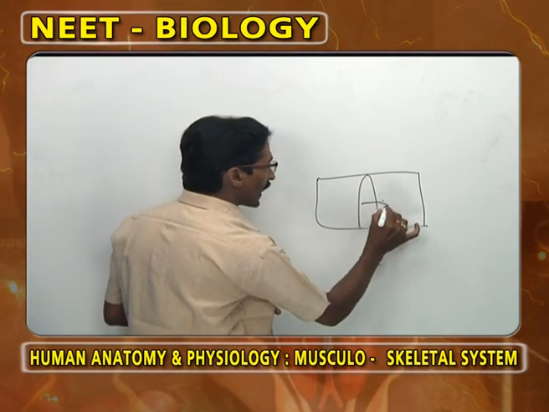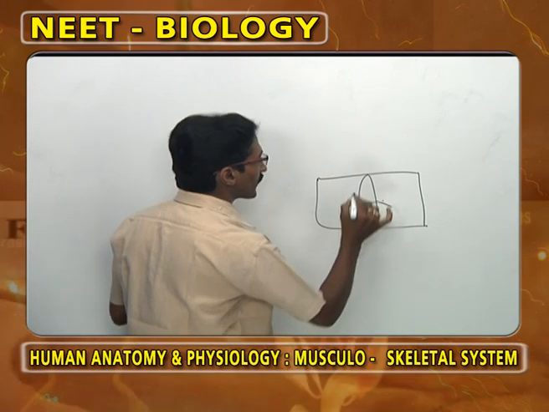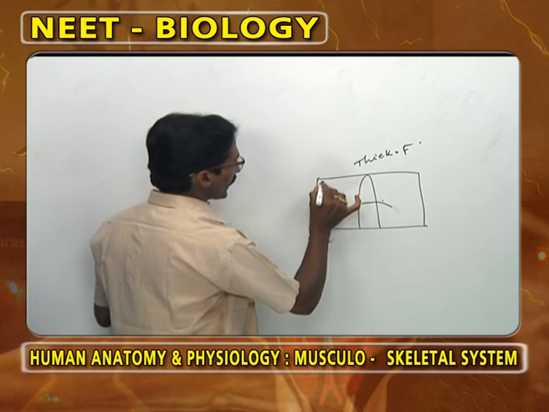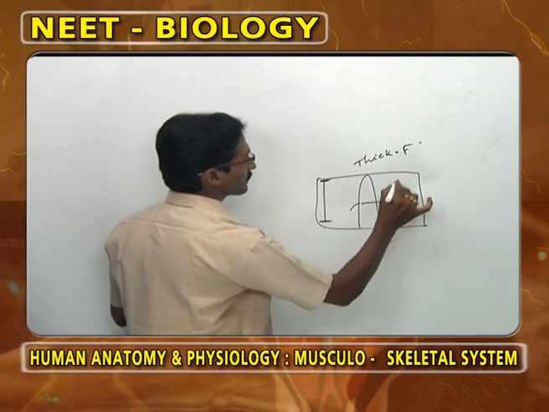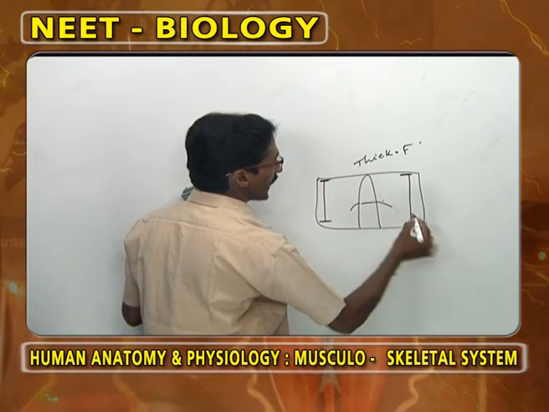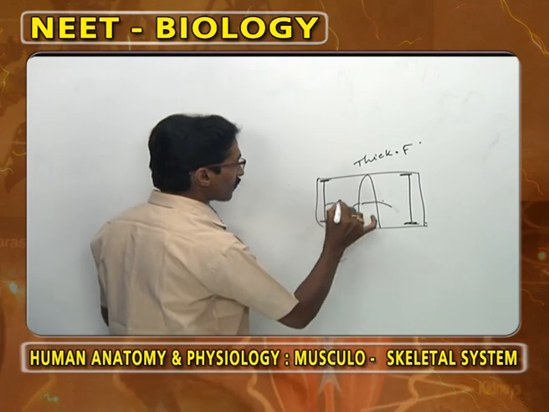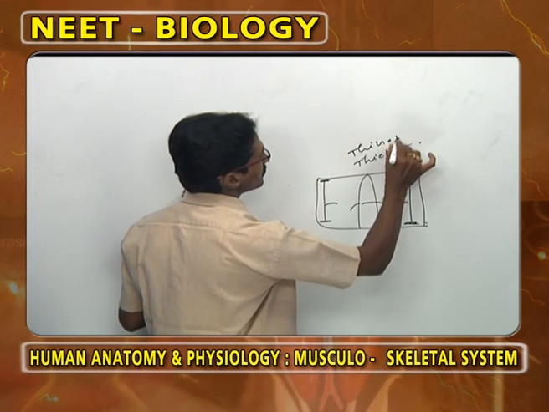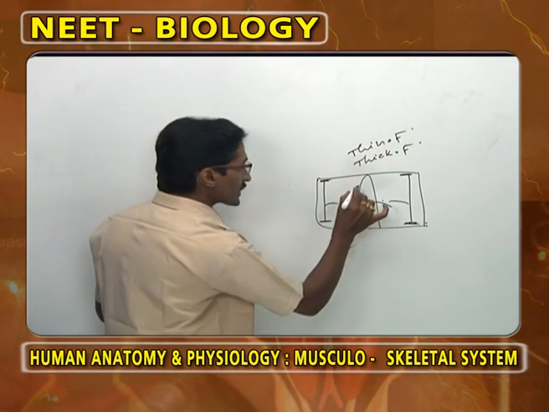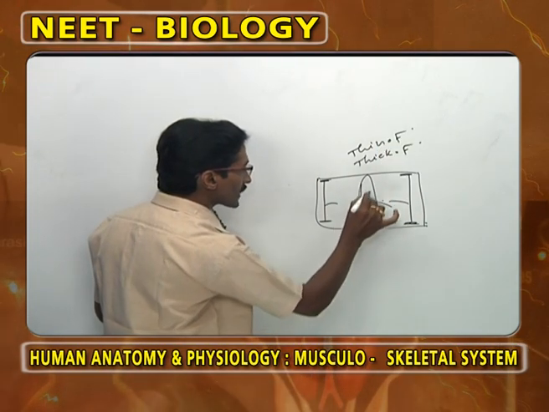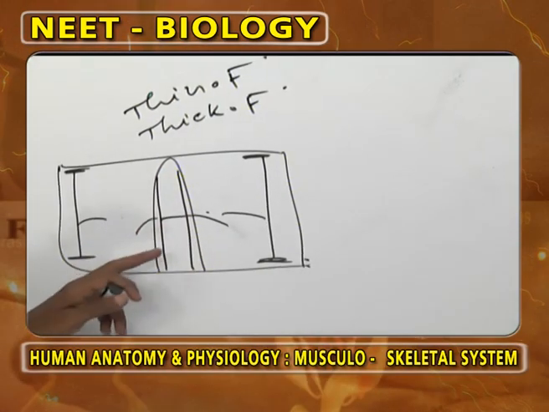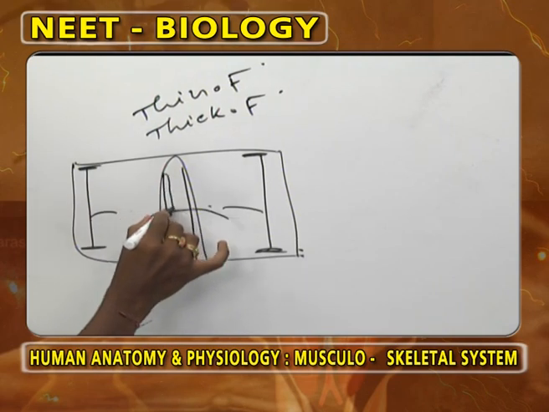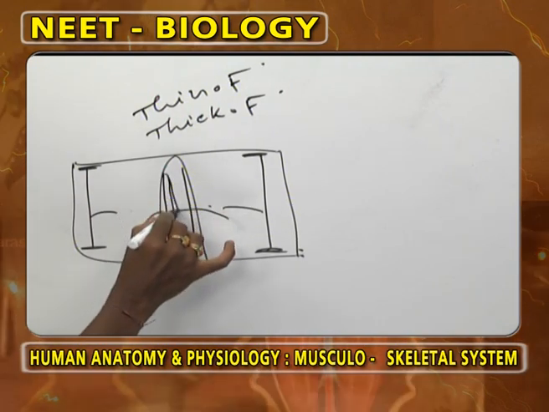From the A band, what type of filaments will arise? The thick filaments. And this is the I band. From the I band, what type of filaments will arise? Thin filaments. In the center of A band, what is present? You have to observe the H zone. In the center of H, what is present? M line.